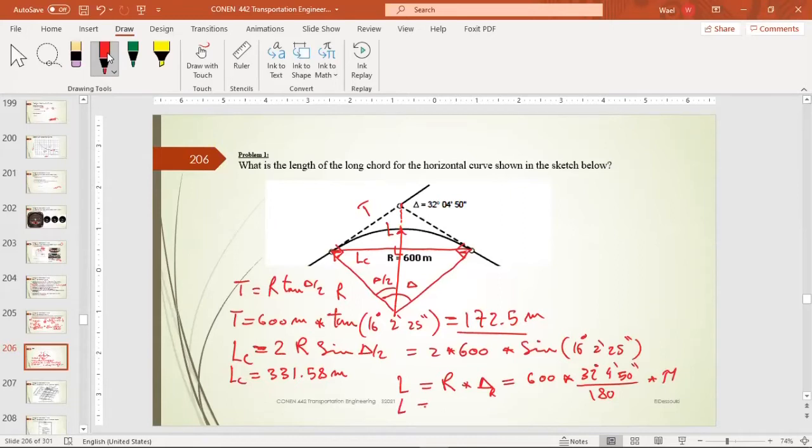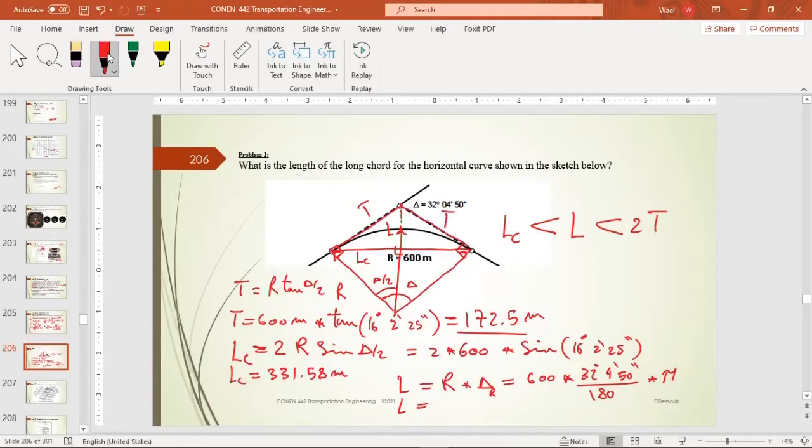So L equals, it should be greater than 331 and less than 345. In other words, L should be greater than LC and less than 2T, which makes sense because we have here 1T and another T here.